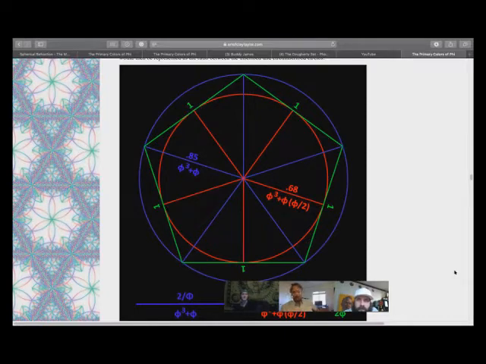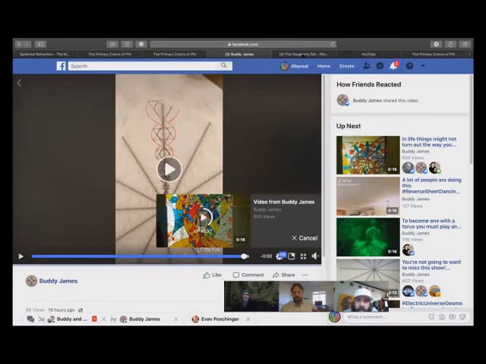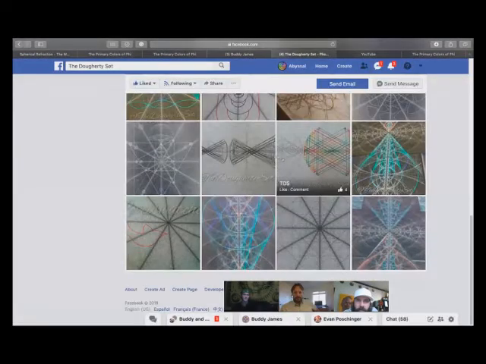From there, Buddy, your set, I've looked at it. Obviously I see a bit of harmonic series in there, and I did note the doubling ratios. I was not able to get into one of your Facebook pictures of it and really get a high level of detail.